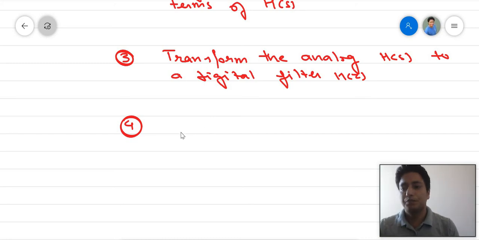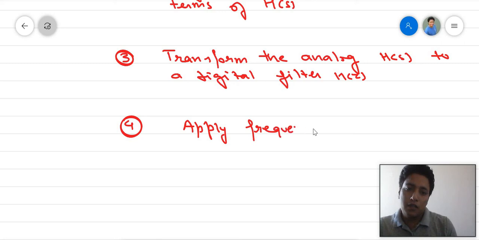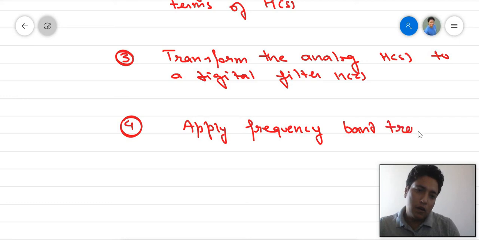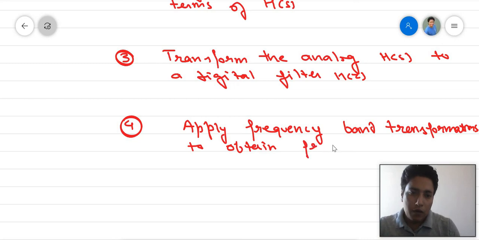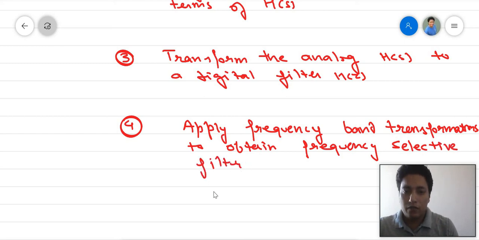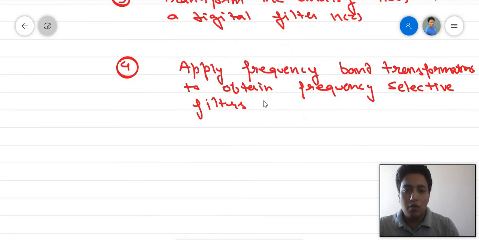Fourth point is to apply frequency band transformations to obtain frequency selective filters, maybe high pass, band pass, and band stop.